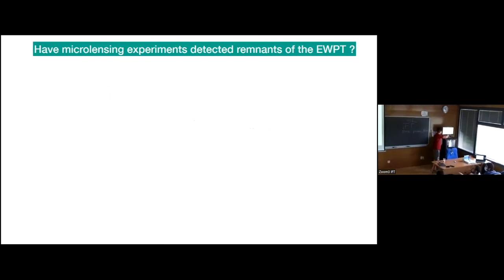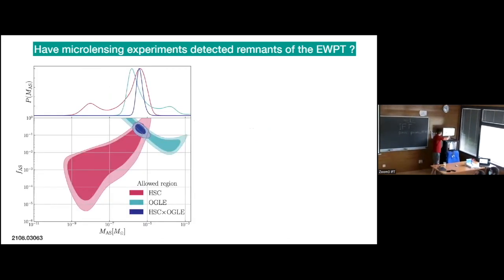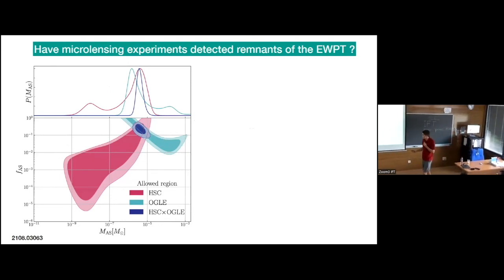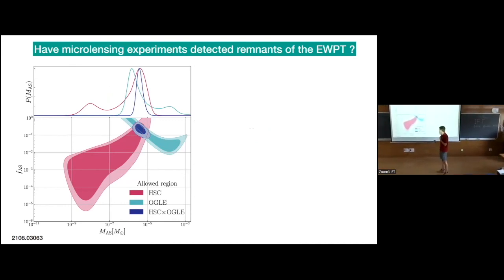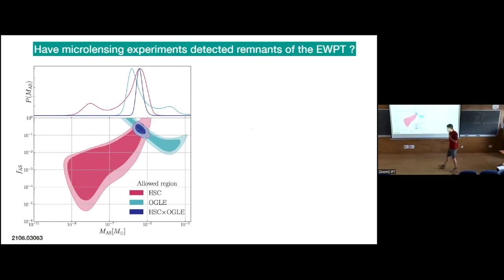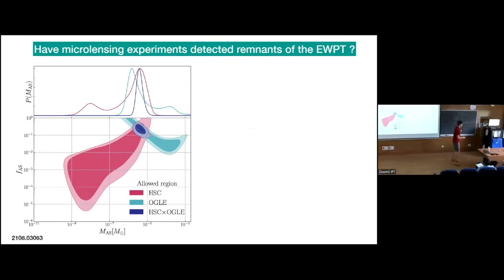And this is what we propose, because microlensing experiments have claimed, believe it or not, that they have detected PBH. They claim to have detected 3 candidates of PBH between 10 to the minus 6 and 10 to the minus 8 solar masses.